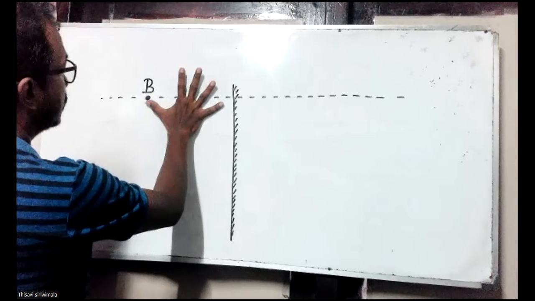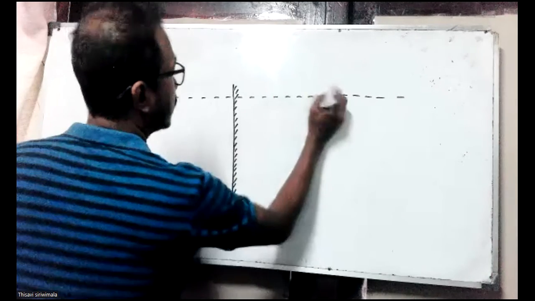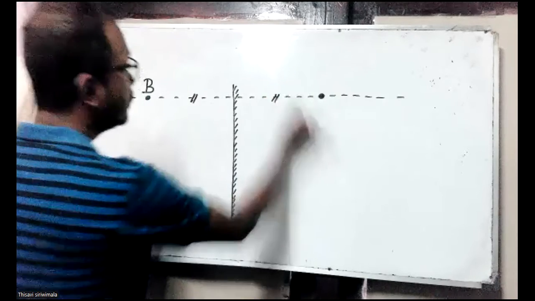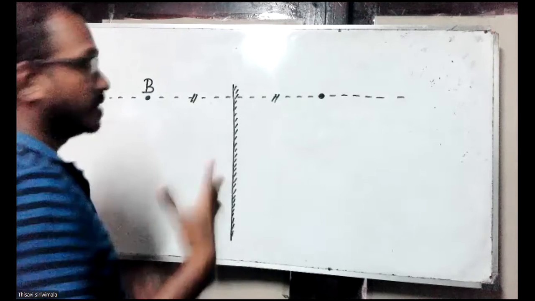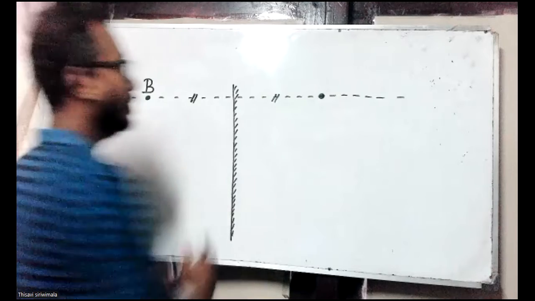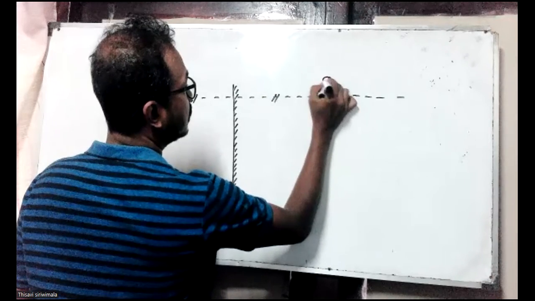If you have a ruler, you can measure it easily. Since I don't have a ruler, I have to find some alternative method. So this is the place where the image will be. There is an additional thing I do in order to increase the accuracy, because I don't have facilities to measure the angle. So I straight away mark the place where the image will be formed.